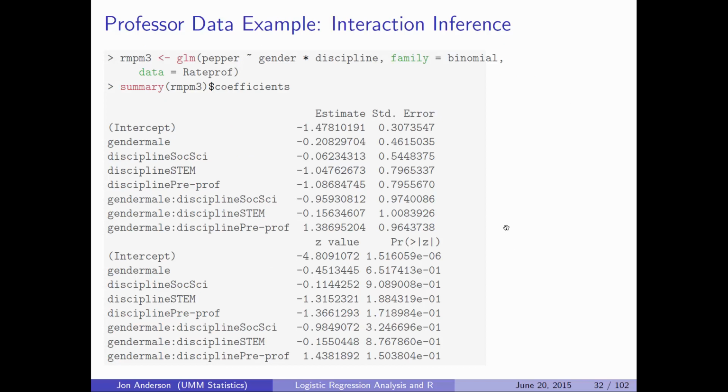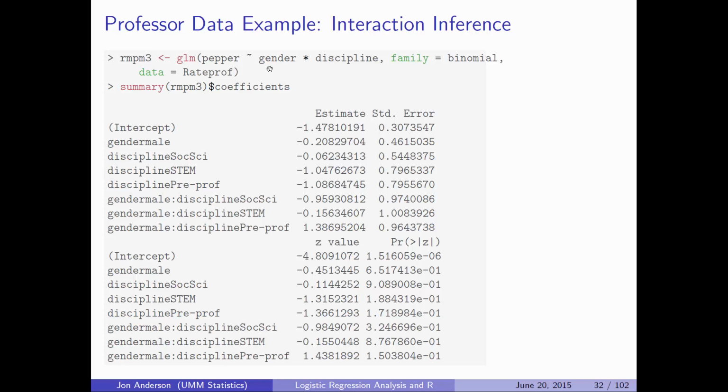Now what we're going to do in the next set of lecture notes is talk about how to do interpretations of effects in a complicated model like this one, where we are going to have a potential effect of the gender of the faculty member and their field of study, but maybe the gender effect differs depending on the field of study.